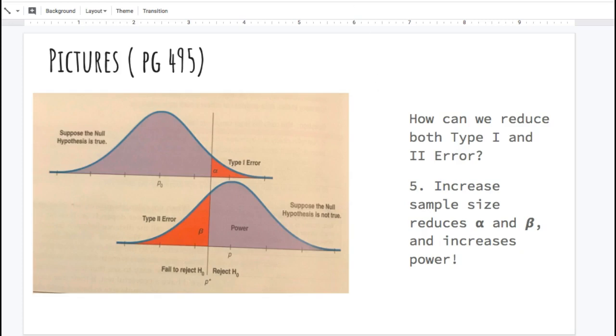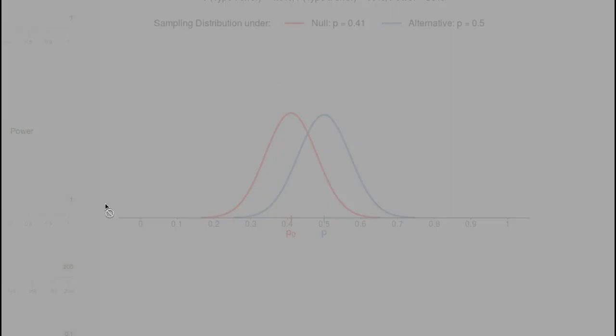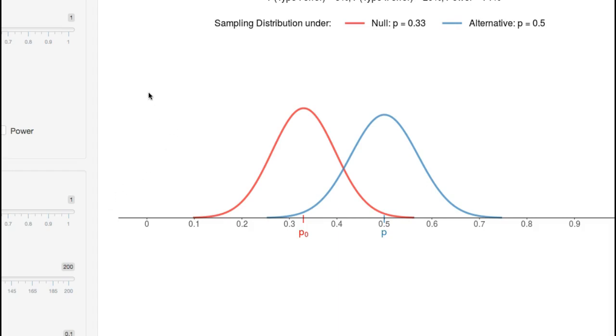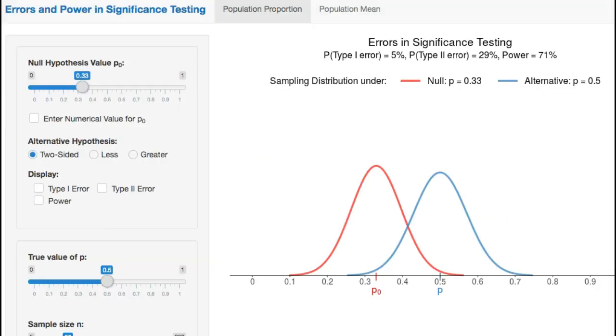I just want to show you guys, I have a little, it's frozen. I'm going to zoom a little bit. Let's see. I just want to show you guys this applet that helps you understand this a little bit more. Remember, our first thing we talked about was the link between type 2 error and power. Here you can see there's my type 2 error, and right now it's at 100%.